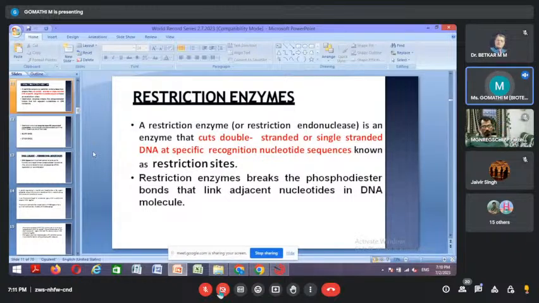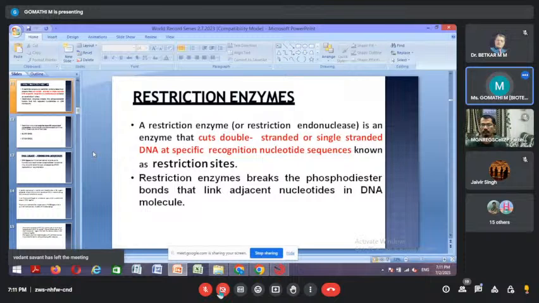We all know DNA is a double helical model as described by Watson and Crick. It has two strands in helical form. So this enzyme cuts either both the strands or a single strand at particular specific sequences called restriction sites.